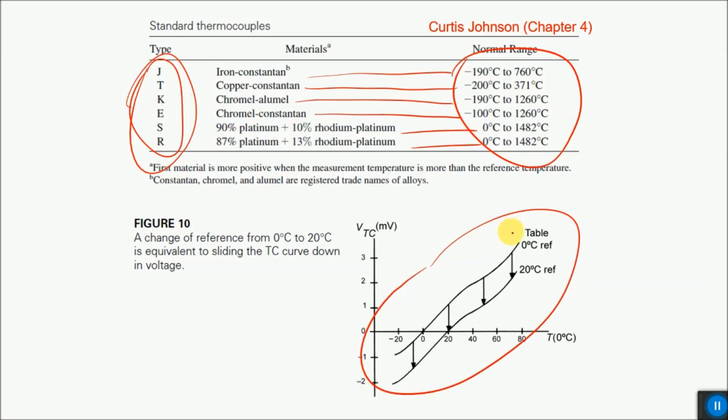So your table was at 0 degrees reference, and in your case, the reference was 20 degrees. So your whole curve will be shifted by 20 degrees downward. And if in your case your reference was negative 20, your whole curve will be shifted up by 20 degrees. So that is fairly simple to calculate.